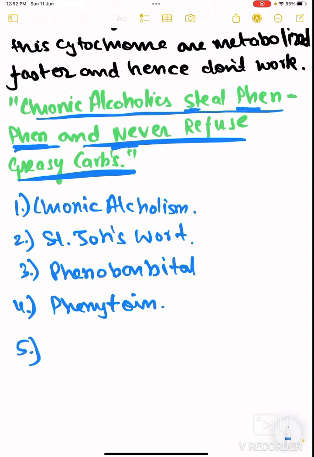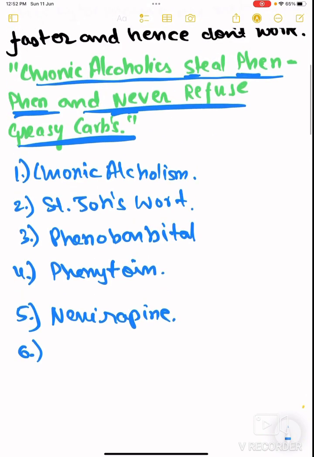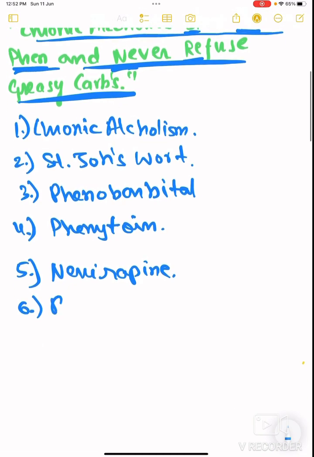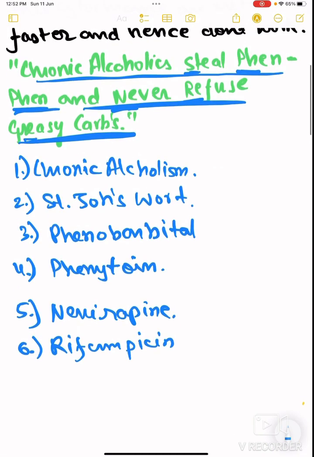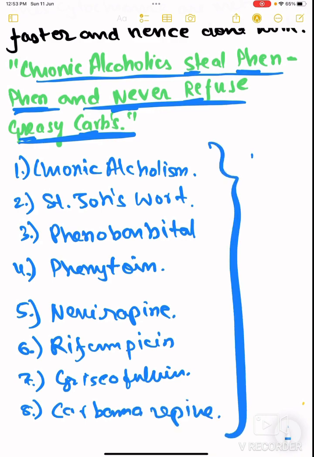Fifth, nevirapine. Sixth, refuse, rifampicin. And lastly, seventh and eighth, greasy, G for griseofulvin, and carbs means carbamazepine. So these are a list of enzyme inducers.